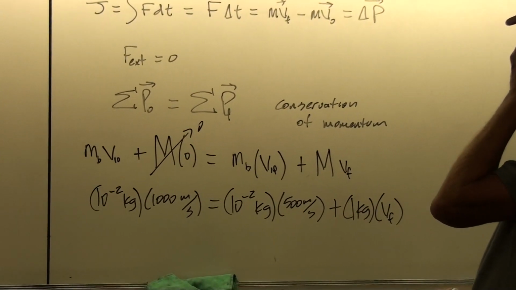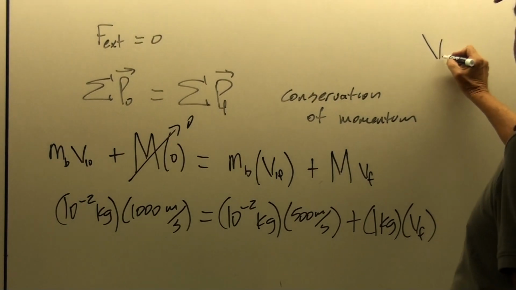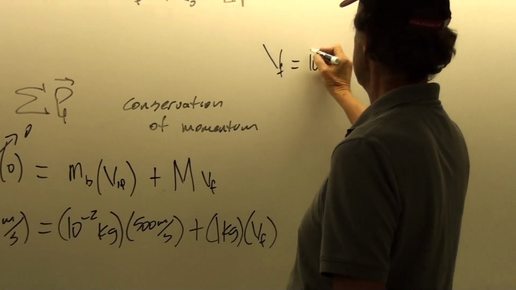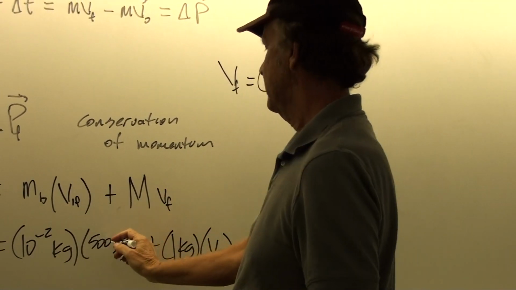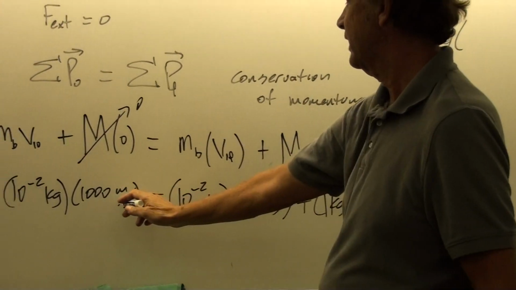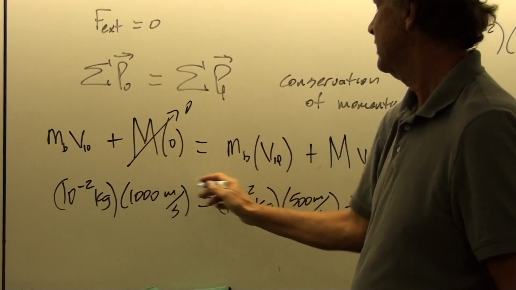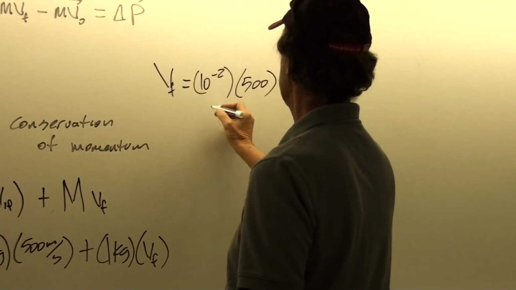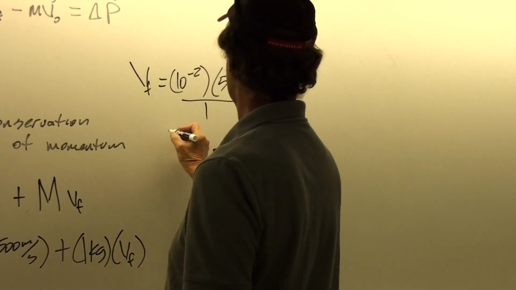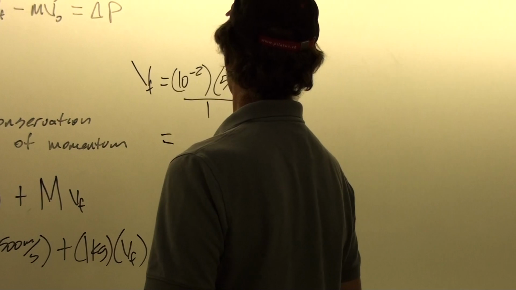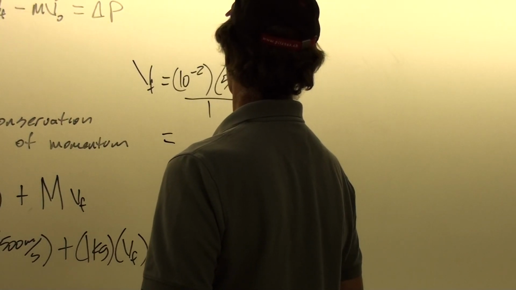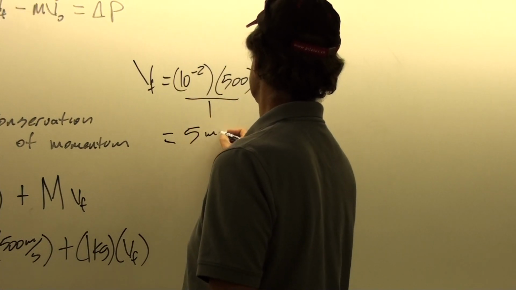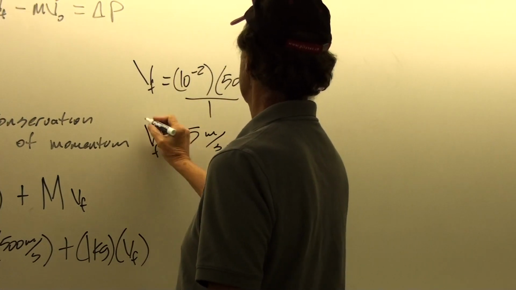Okay, if we solve this for V final, we get 10 to the minus 2 times 1,000 minus 10 to the minus 2 times 500, divided by 1. So that would be 1/100th times 500, which is 5 meters per second. So that would be the velocity of the plate.